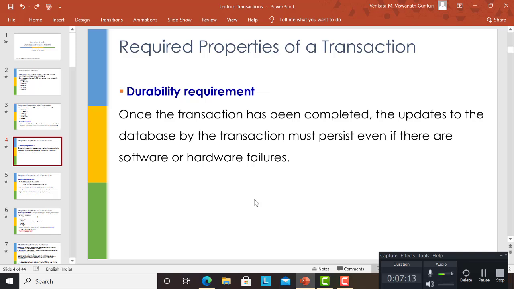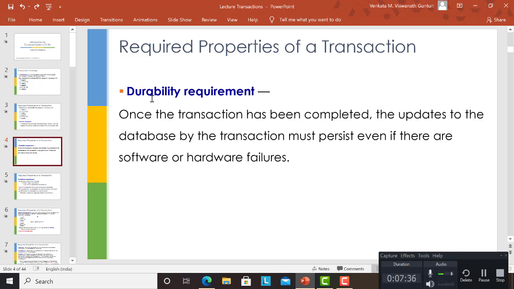Now, even if the database at the IRCTC crashes or something happens to that server, the fact that you have been issued a ticket should not be lost in the system. It can be a software failure or a hardware failure also. Doesn't matter, right? So this is what is called the durability requirement.